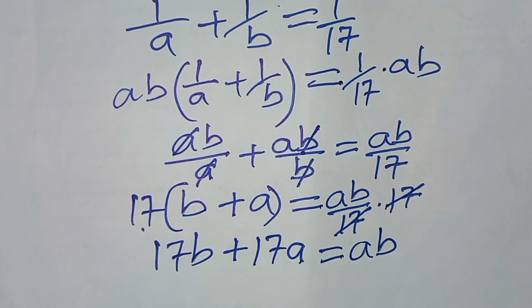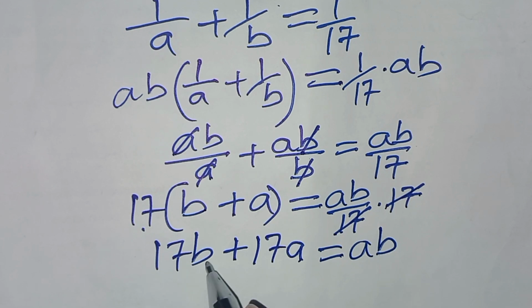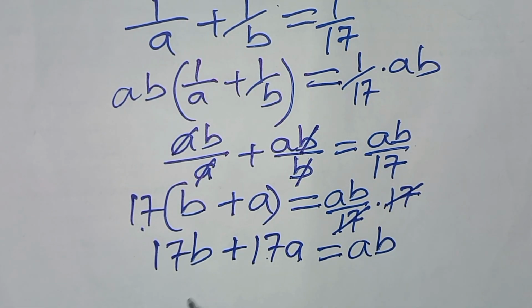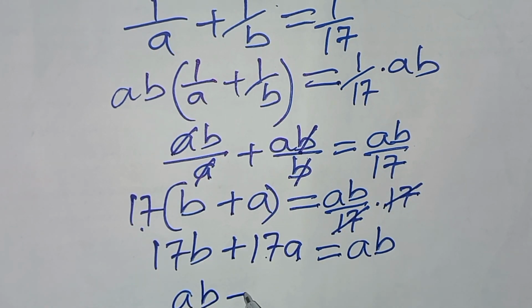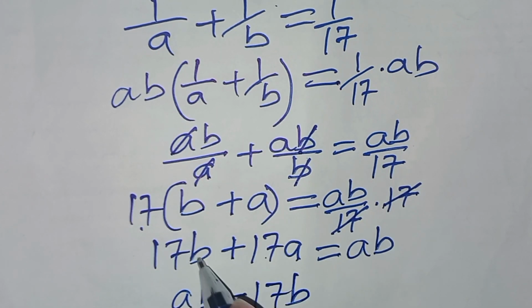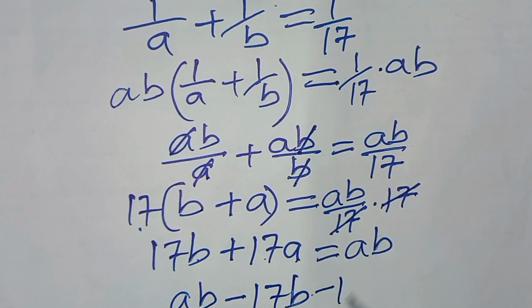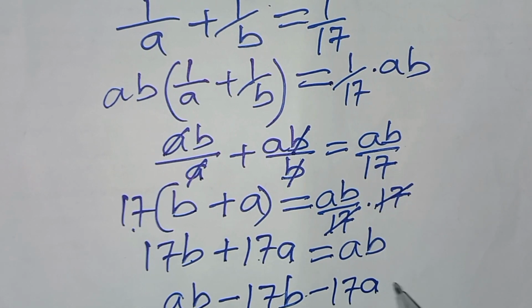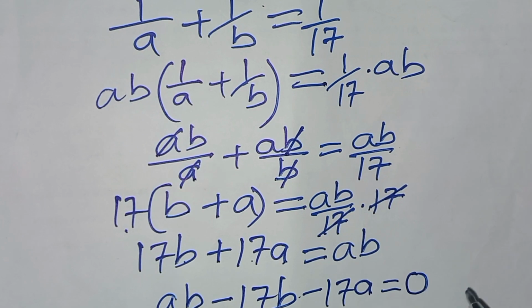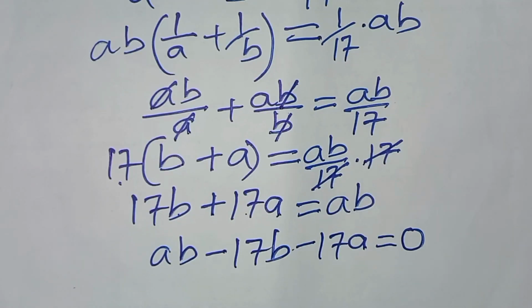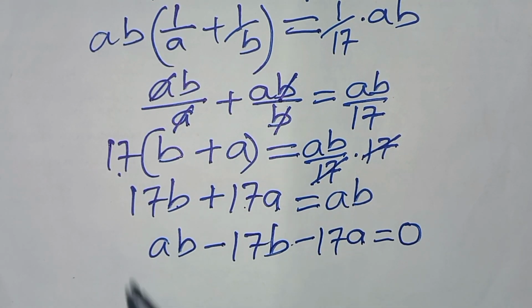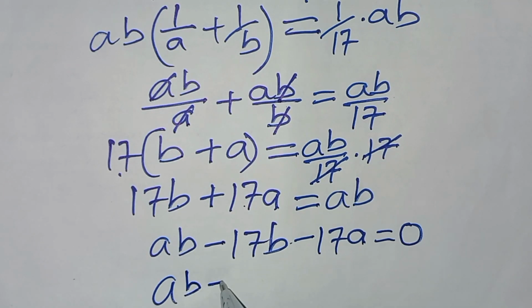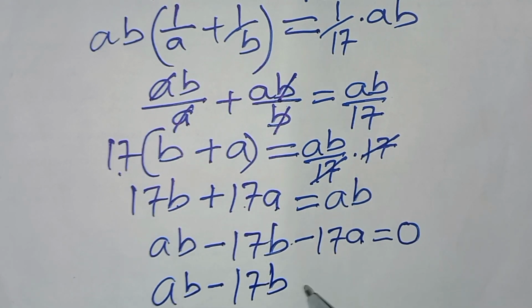Let's proceed here. So let's take 17b plus 17a to the right hand side, so that we'll have ab subtract 17b subtract 17a equal to 0. Now the next step here, let's add 289 to both sides.